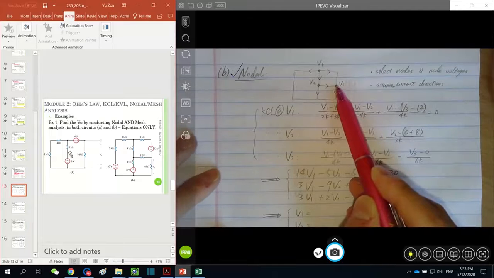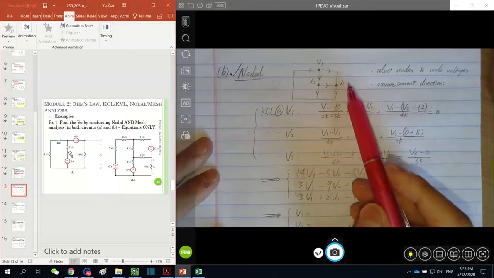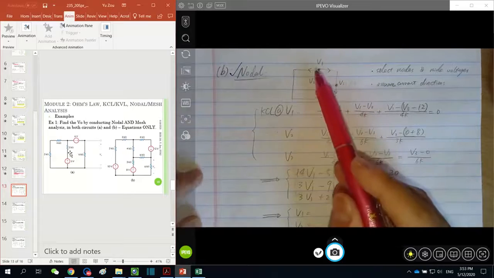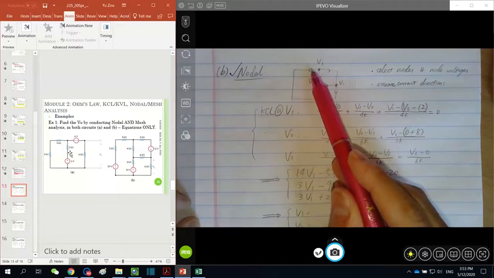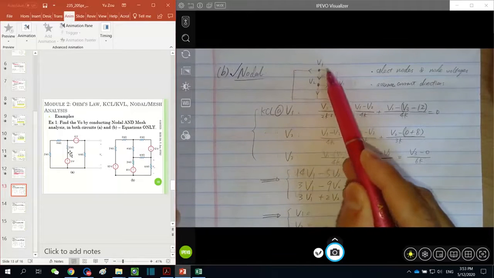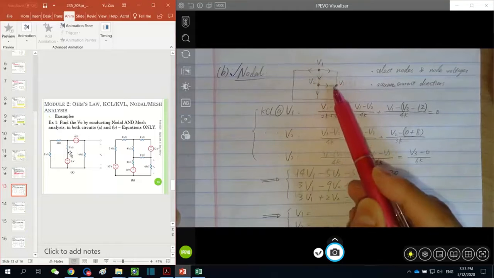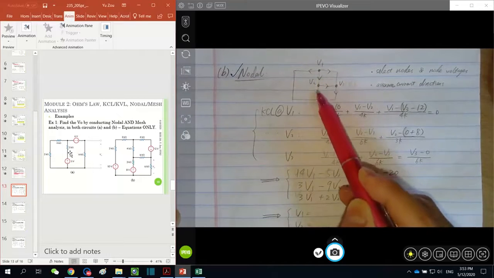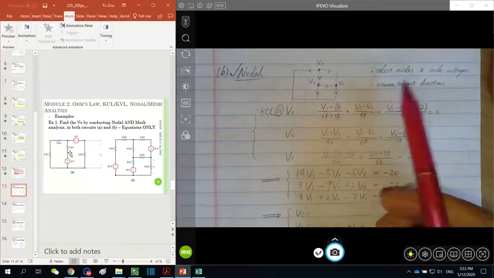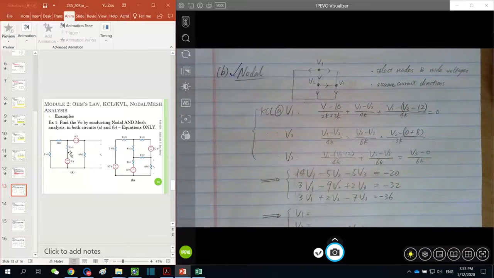Second step, assuming the currents with directions. You assume the current here this way, and this way, and here this way, and this way, whatever you want. The key is that your equation follows the assumed current.